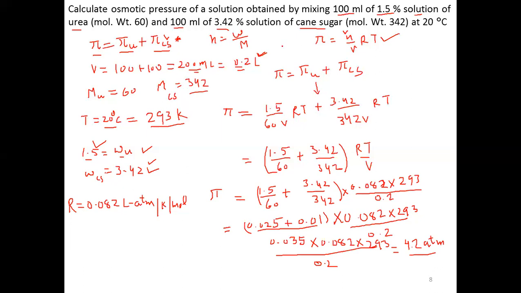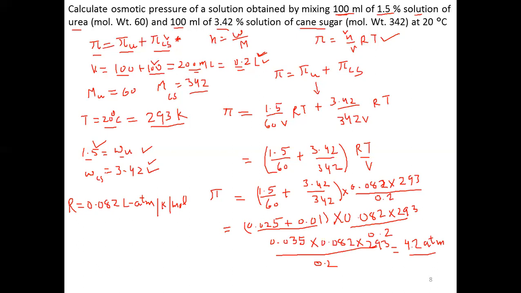Now just one thing we have to be very careful about, where we can make a mistake: in the solution, we have to take the total volume, 100 plus 100, 200 ml, 0.2 liter. We should not take 100. That is a mistake that many students can make while doing this numerical.